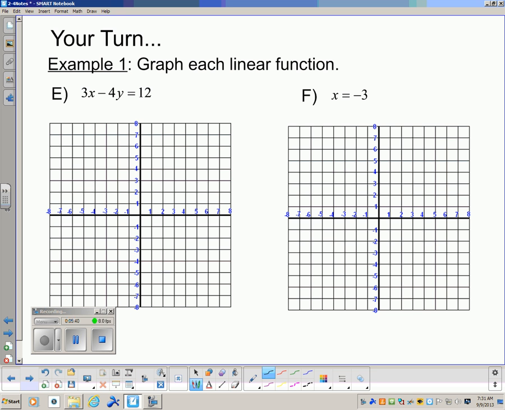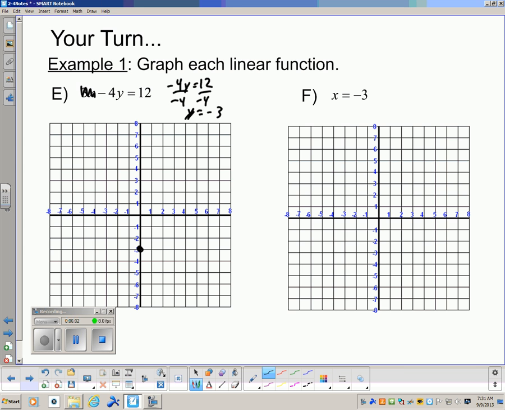So if I were to use my x and y-intercept on this one, I use the cover up method. I'm going to cover up the 3x. I get negative 4y equals 12. Divide by negative 4, and I get y equals negative 3. So that's my y-intercept, which is down here.